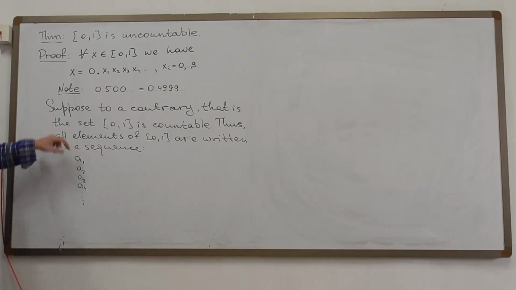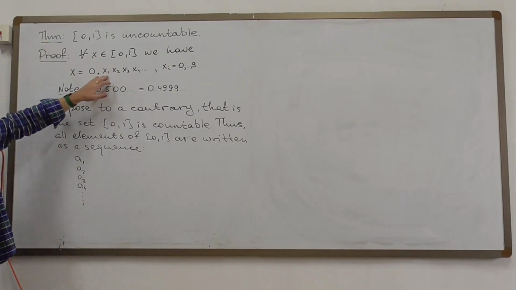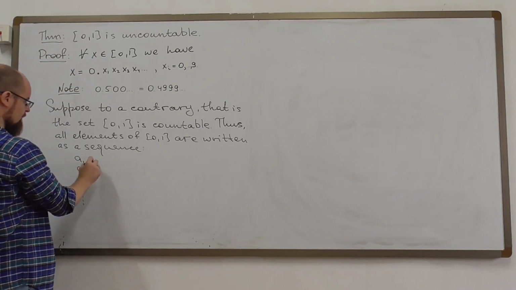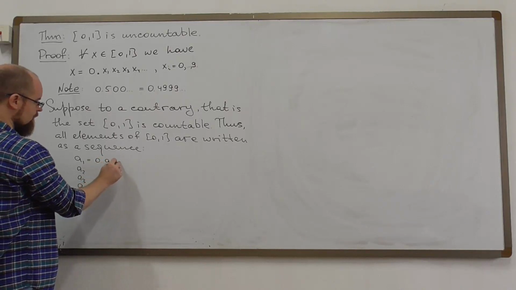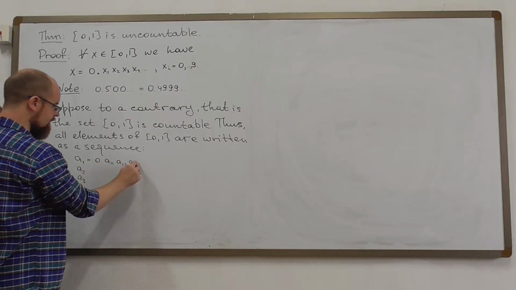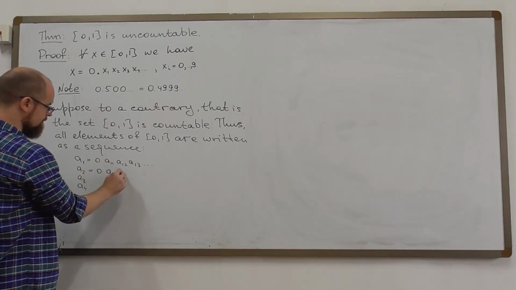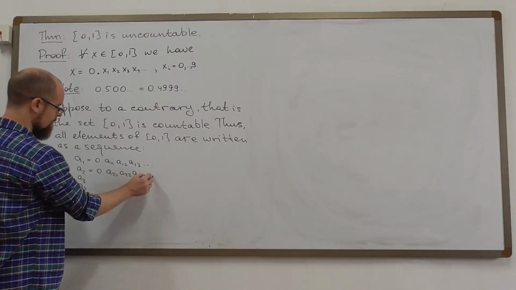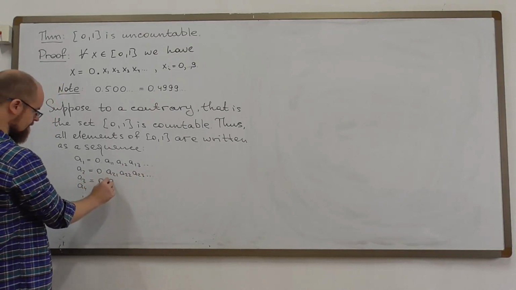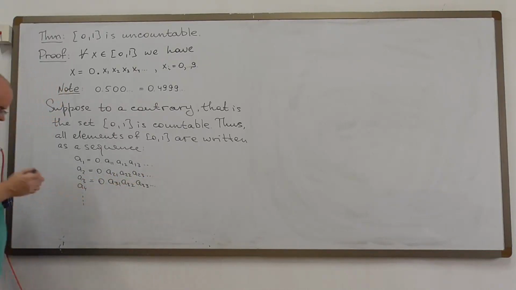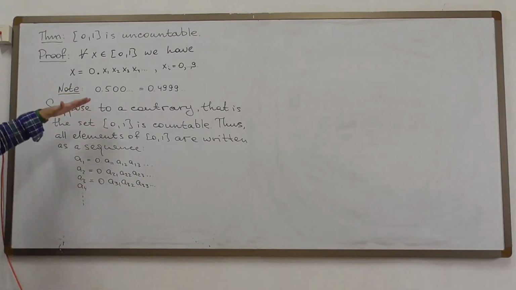But all of these numbers are elements of [0, 1], so they have a decimal representation. So for all of them we can write A11, A12, A13, and so on. And for this one, similarly. By doing this for all of these numbers in this sequence, we have a decimal representation for each element of the interval [0, 1].